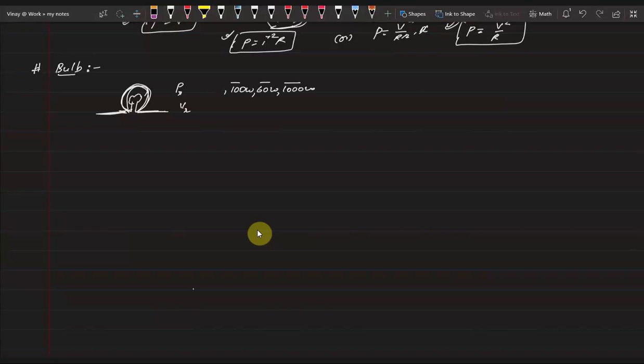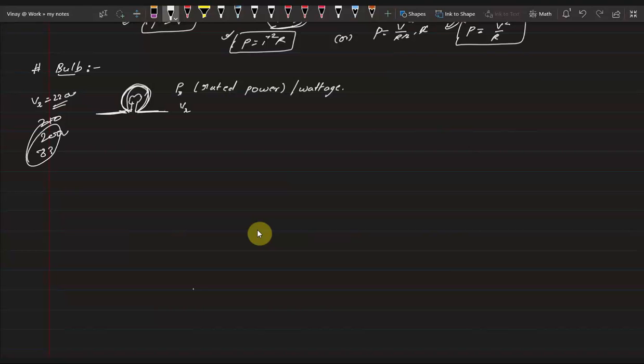Please remember here, PR is called rated power, or this is also called wattage. And on the bulb, they will give, for example, a rated potential equal to 220 volts or 210 volts or 200 volts or 330 volts.